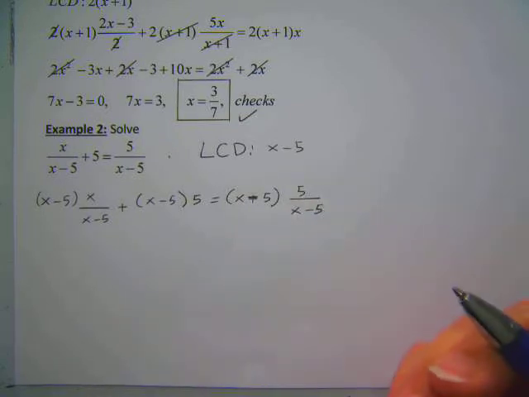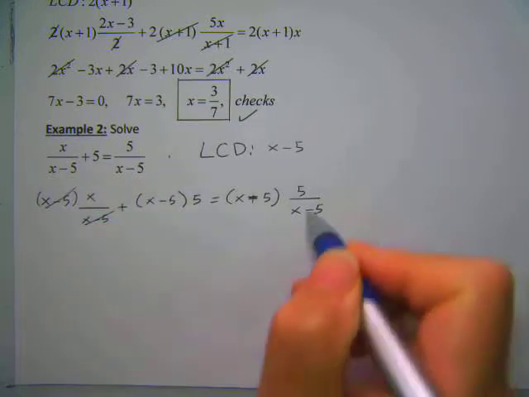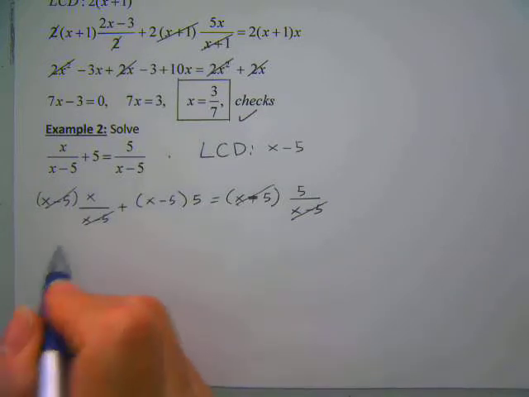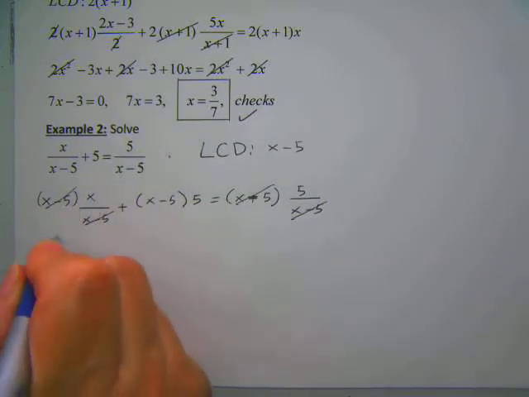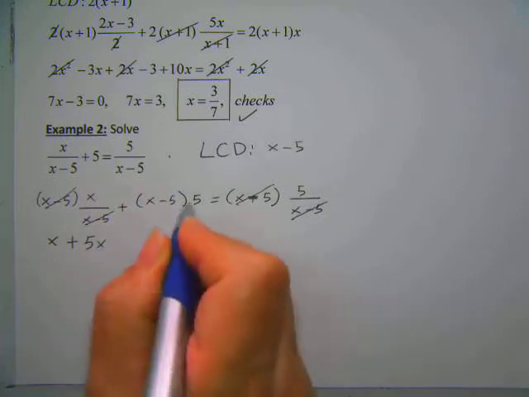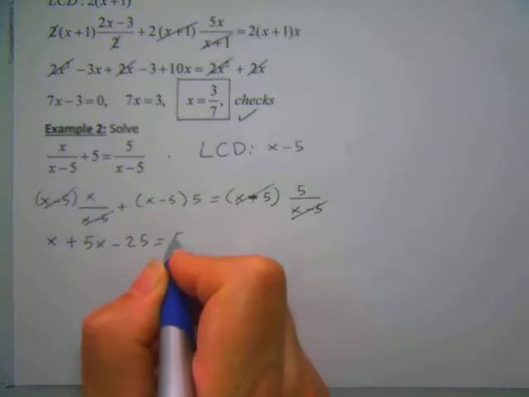What's nice about this is that it gets rid of the denominator, and now we have x plus 5x minus 25 is equal to 5.